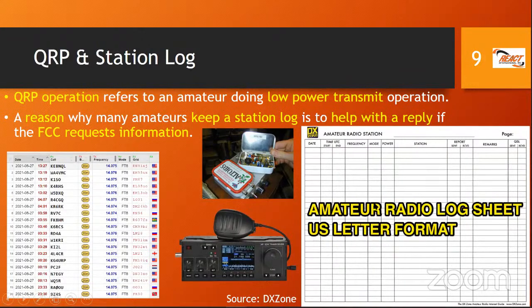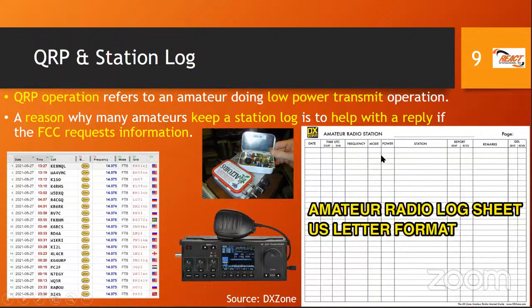I'll have my call sign, and then I'll state the date, the time, and usually our time should be recorded in UTC, Universal Coordinated Time, which is about the same as GMT, Greenwich Mean Time. And of course, the frequency that we had the communication on, the mode, so let's say it's LSB or USB or FT8 or something, the power that we're running, and the station call sign that we communicated with. And of course, we have our signal report and any other information that we would like to note here.